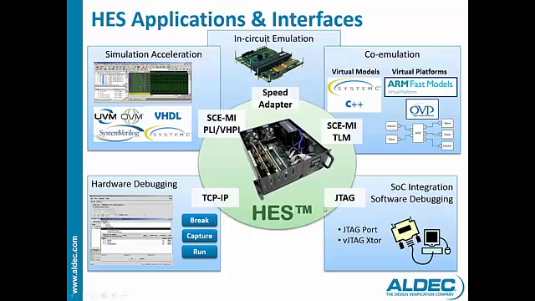Another methodology we've talked about is to debug the software that's running on your design, due to the SoC being a combination of hardware and embedded software. So the software debug is supported through the JTAG port or VJTAG.